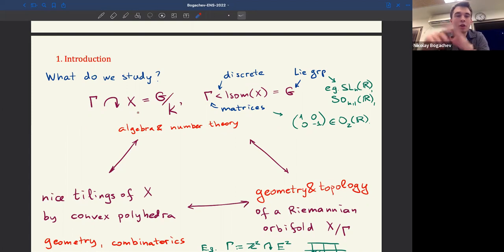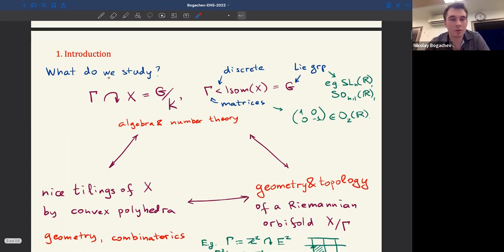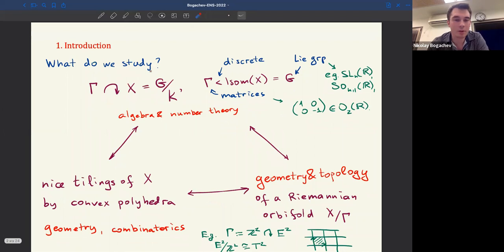And generally, I usually like to draw this as this triangular diagram, and this top vertex corresponds to algebra and number theory. So here G can be a Lie group like SLNR or SON1R, and the question is how number theory arises here.